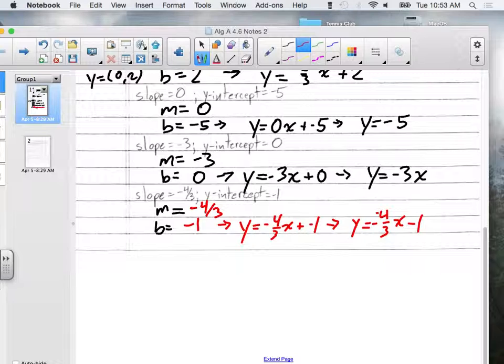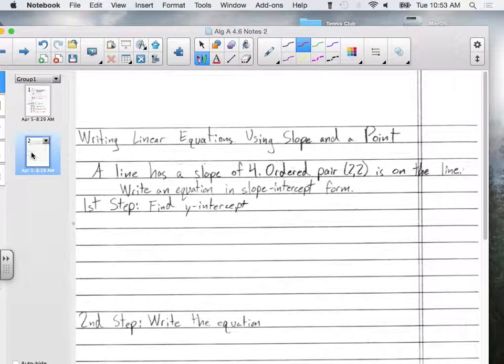All right. So is everyone with me so far? M is your slope. That goes with your x that gets paired right in front of it. You use your y-intercept. So that's where it goes plus then. All right. So, any questions before we move on? Okay.